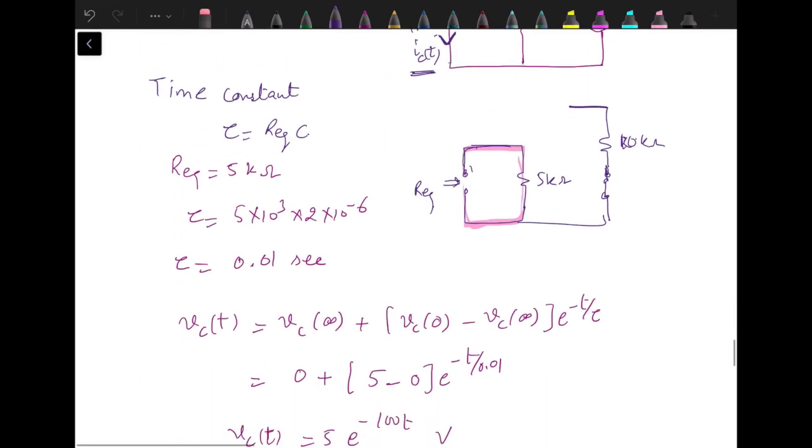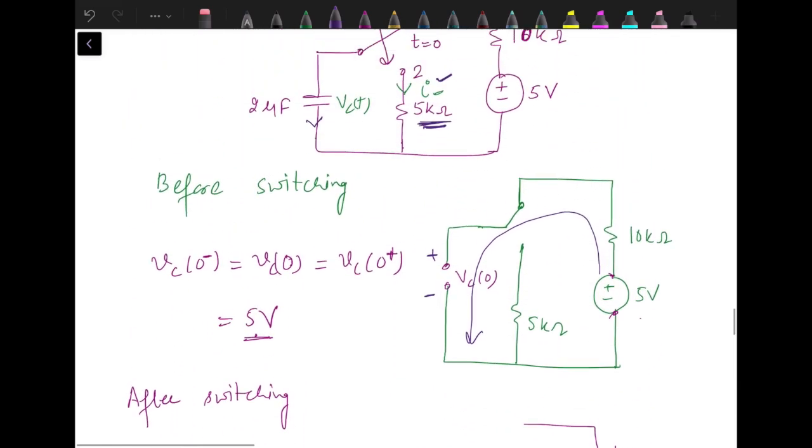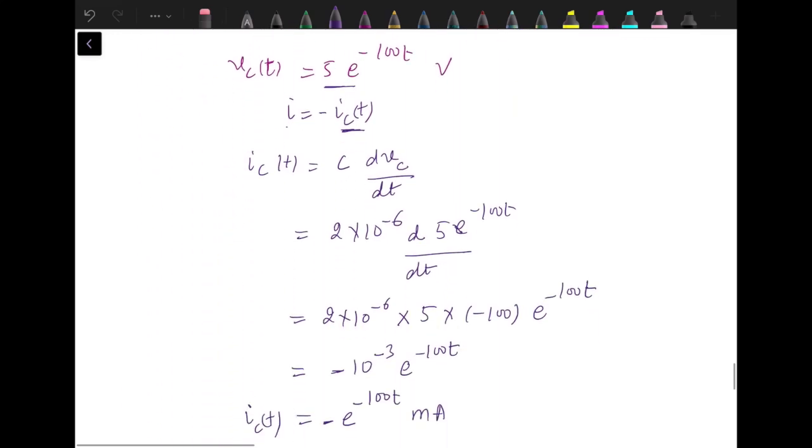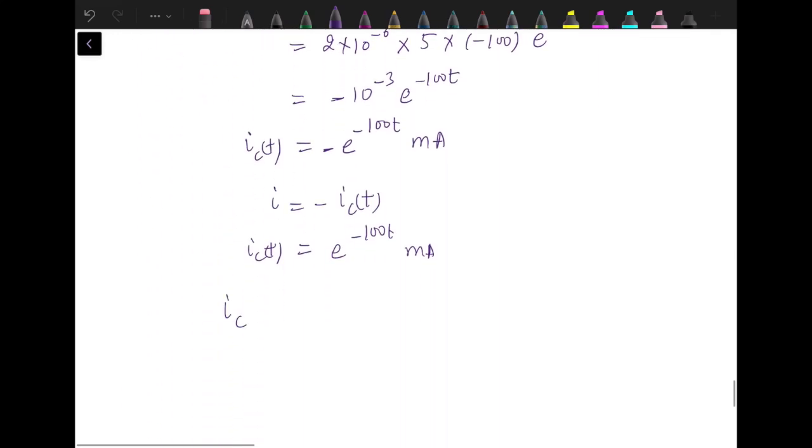So t equal to 0 minus, before switching, since this 5 kilo ohm resistance was not there in the circuit, the current through this, I 0 minus, is 0, and this is not the value of ICT, this is the value of I. Please note this correction, this is not ICT, this is I. And I 0 plus, that we can calculate by putting t as 0, so I 0 plus is 1 milliampere.